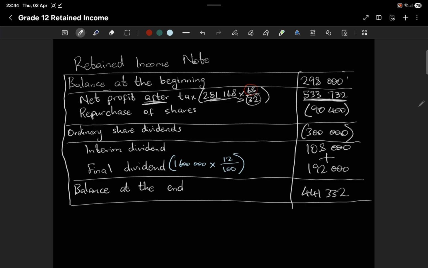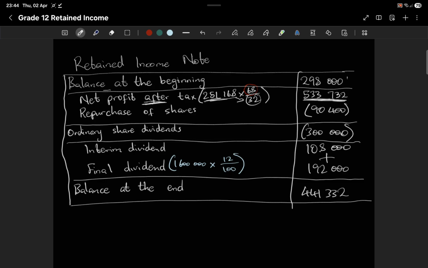A retained income note has the balance at the beginning, which sometimes we get on the trial balance, and sometimes they don't give it to you and you have to find it yourselves. In this case we have it. Then it's the net profit after tax. It's a positive number. We add it to the balance at the beginning because profit is the amount of money that is retained, that is left after paying all the expenses of the business or the company.